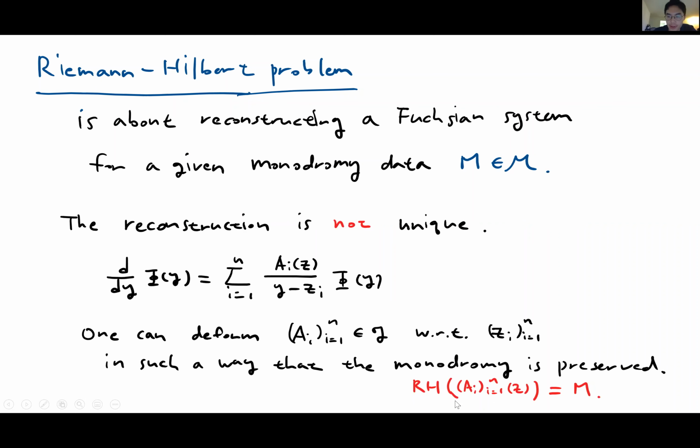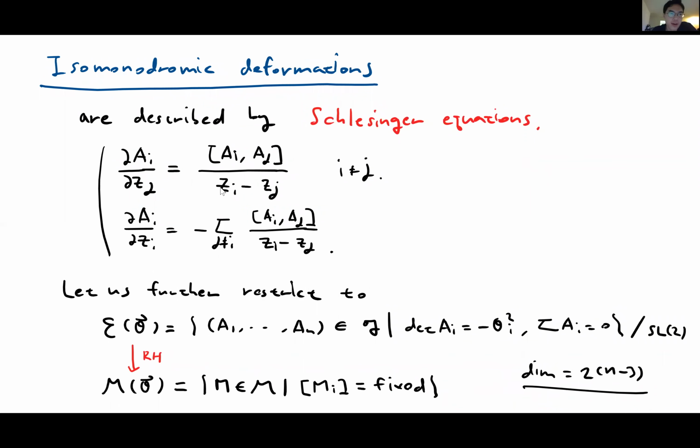So schematically, it means under the Riemann-Hilbert map, the image of A_i as a function of z is a constant, just constant M. So these deformations of A_i, or the deformations of the Fuchsian system, are monodromy preserving. In other words, they are isomonodromic deformations of the Fuchsian system.